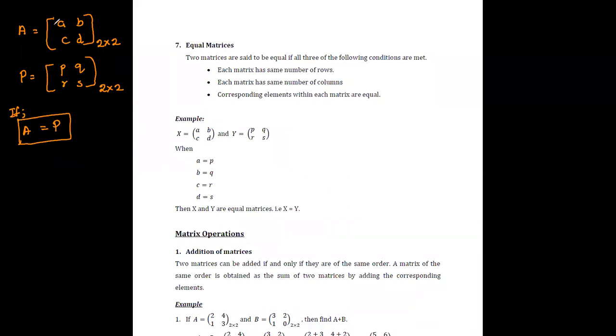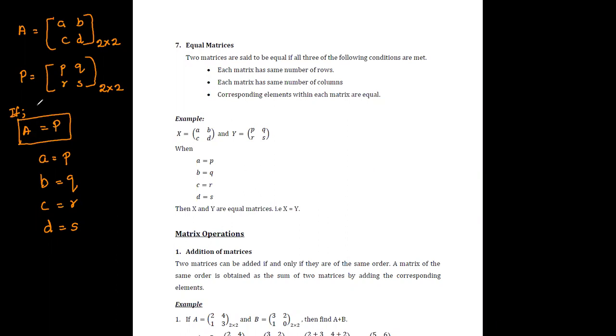It means the element in the first row, first column should be equal to the element in the first row, first column. It is quite as a equals p. Likewise, b and q should be equal, c and r should be equal, and then d and s should be equal.